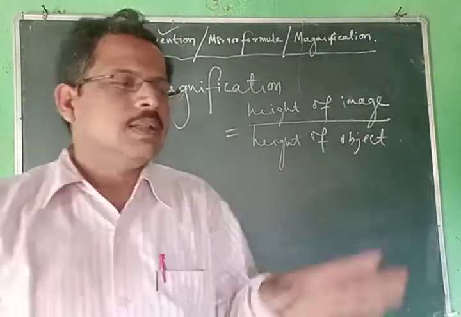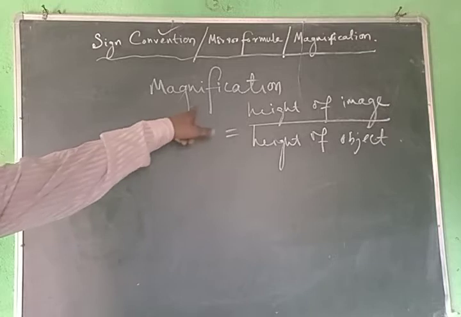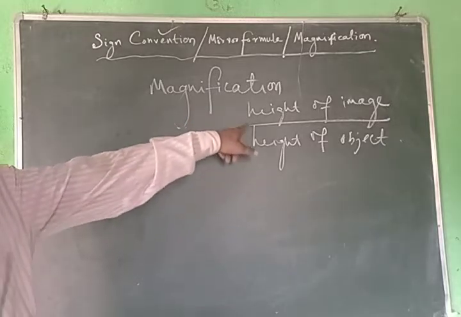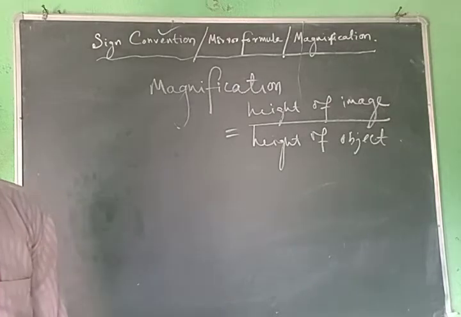Very simple. What is magnification? Magnification is a ratio of height of image to height of the object.